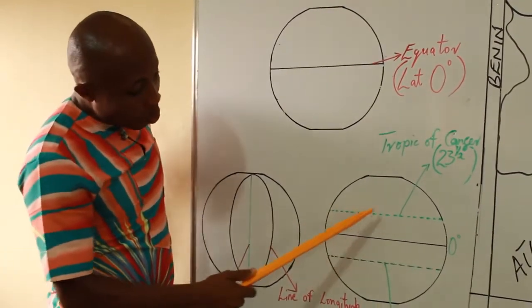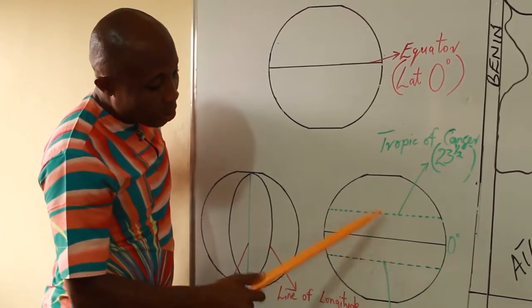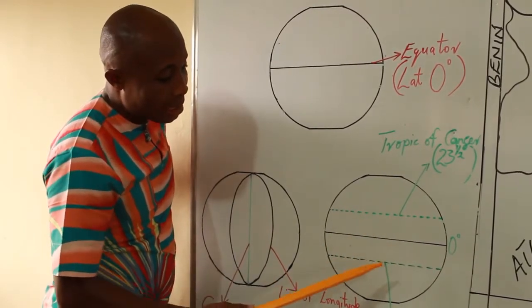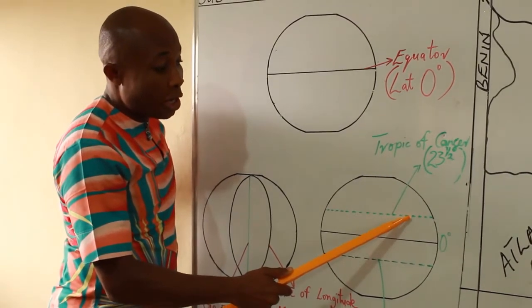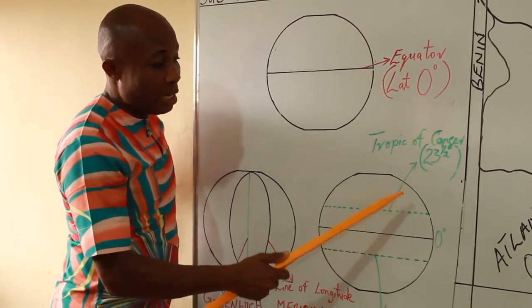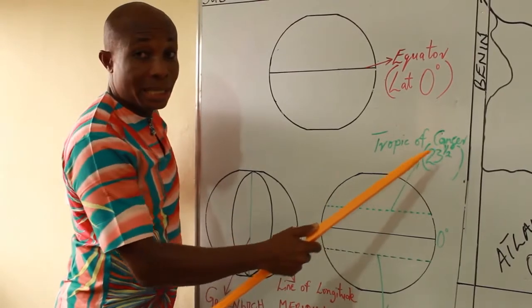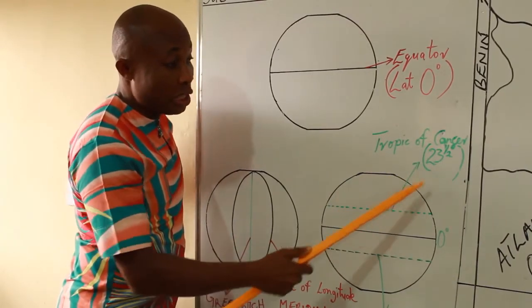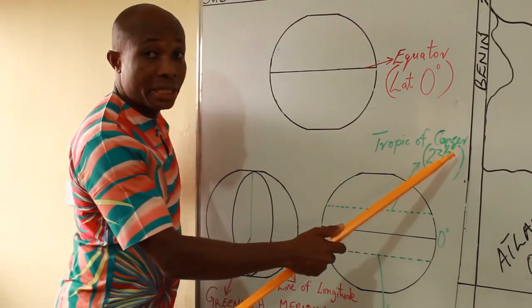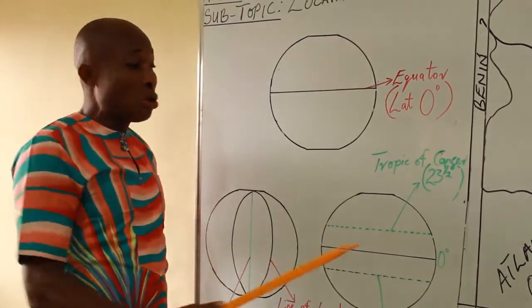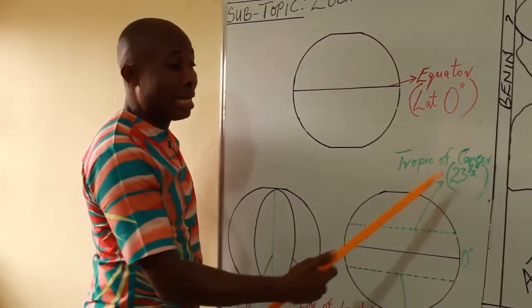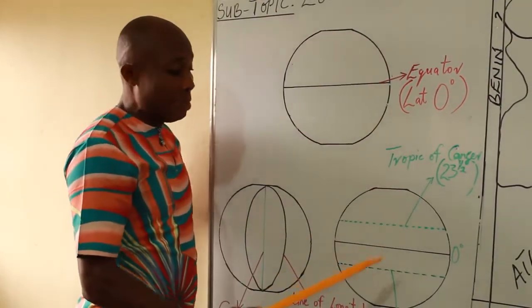And we now have the two that I put on broken lines. The first one on the northern hemisphere is called the Tropic of Cancer, and the position is 23.5 degrees north. But already, any good geography student knows that the Tropic of Cancer is at the northern hemisphere.